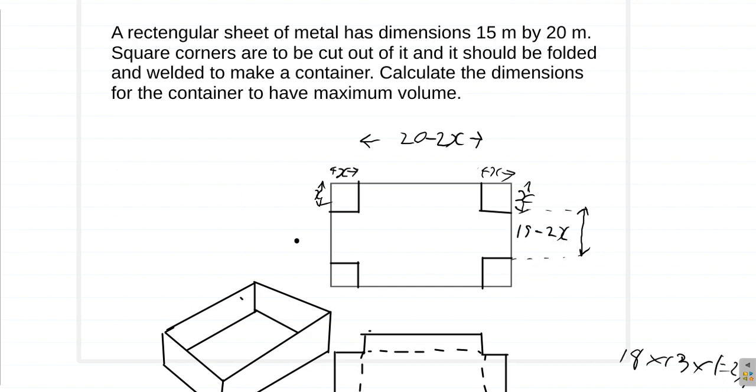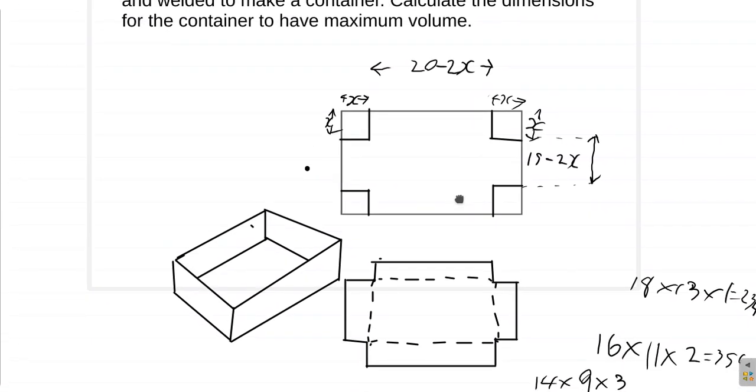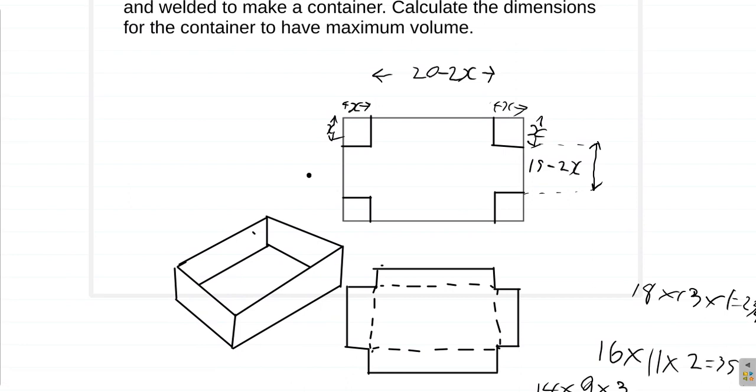All right. So when you fold and weld the metal, you would have x high, by the length would be 20 minus 2x, by the width would be 15 minus 2x.